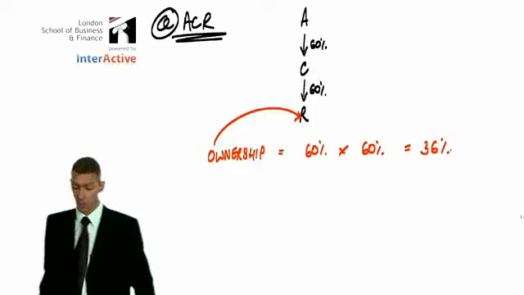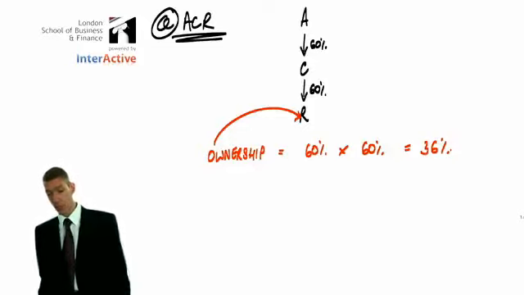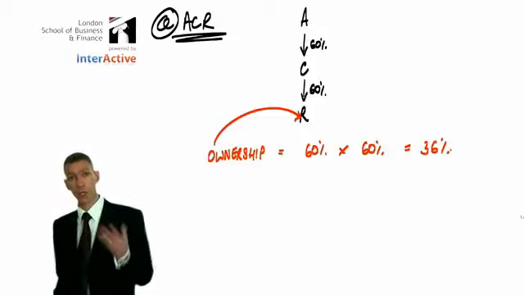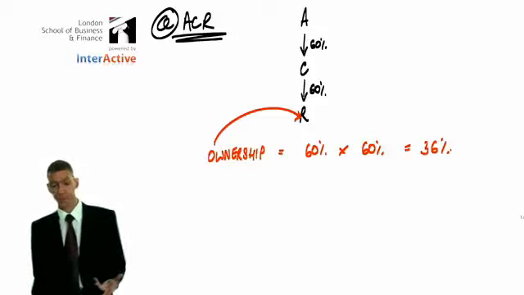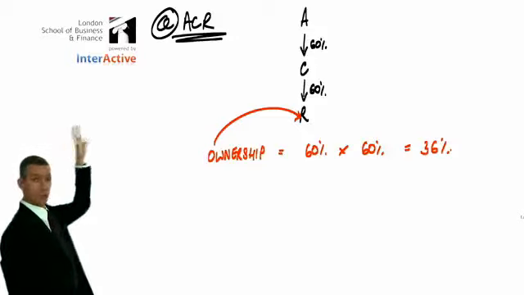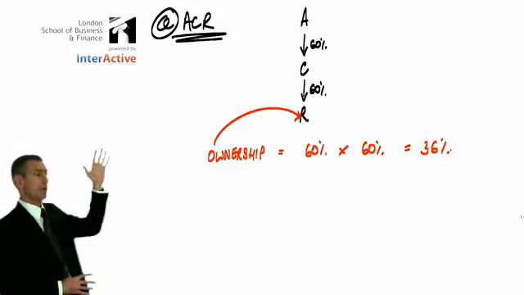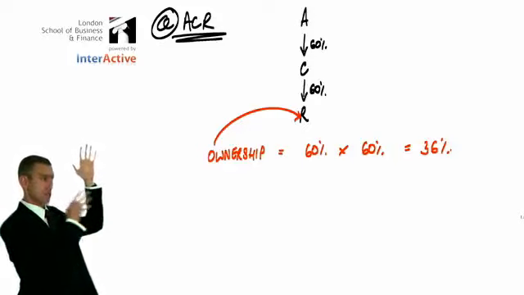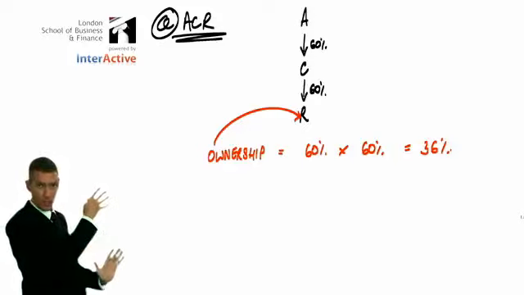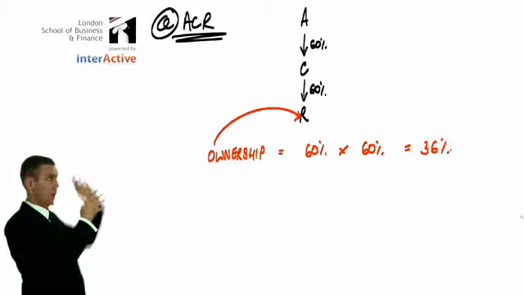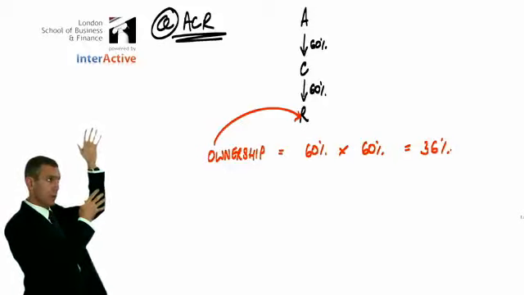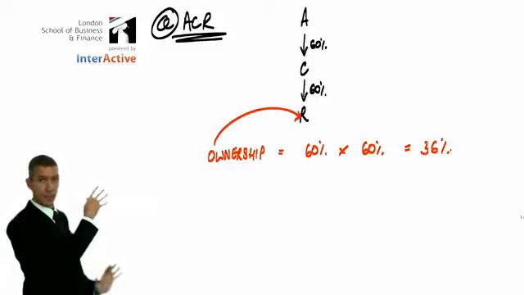The temptation is to think that we only have influence and therefore only an associate. But it's wrong. As you can see from the structure, A owns 60% of C, and C owns 60% of R, and therefore A has absolute control of C and R.